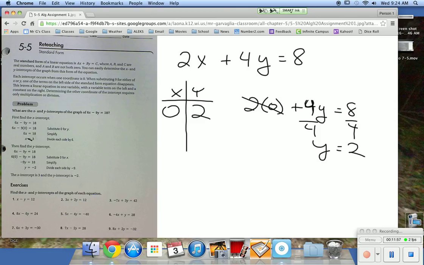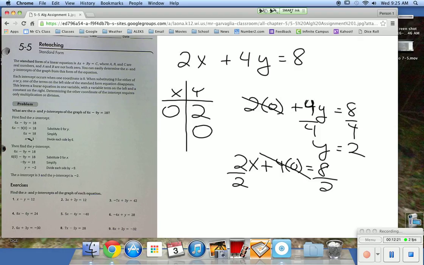Now what do we do, Lib? 0 for y. Put in 0 for y. All right? So let's do that. 2x plus 4 times 0 equals 8. What's 4 times 0? 0. Cross that out. Divide this by 2.